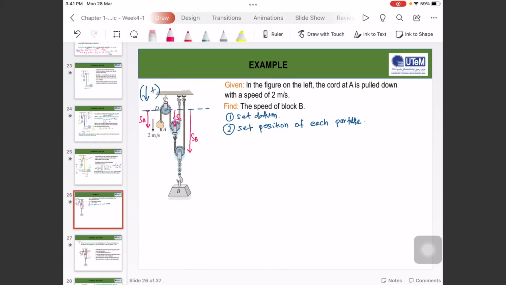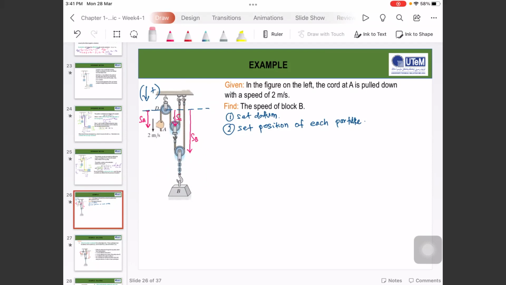Okay, bawah ni pun tak gerak. Ini adalah constant. Okay, you touch macam mana pun, whatever you pull down the B, this distance is constant. So better you just take SB up to the pulley saja. Right? Okay.